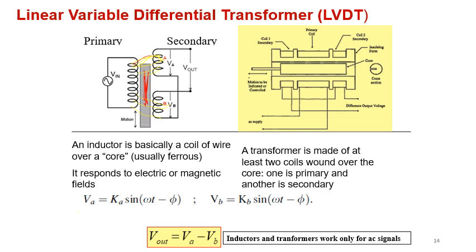The voltage VA is given by the equation Ka sine(omega t minus theta), and the voltage VB is given as Kb sine(omega t minus theta), where the output voltage here is VA minus VB. As I explained in the previous class, in case of no motion applied, VA will be equal to VB, but the angle will differ by 180. As I told you, this is the connection, so their total will be equal to 0.